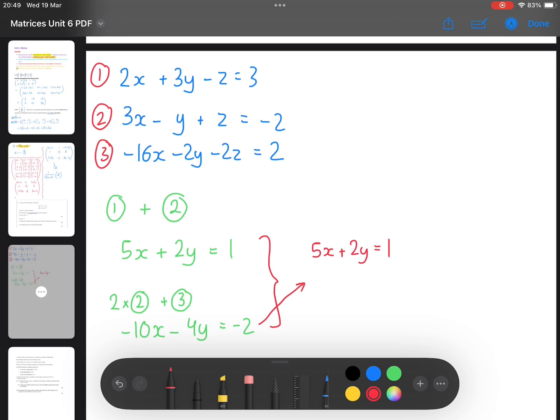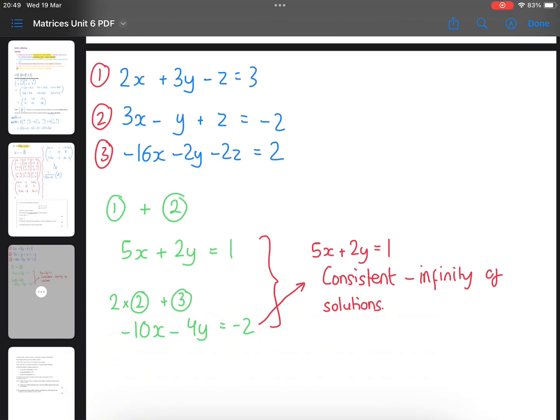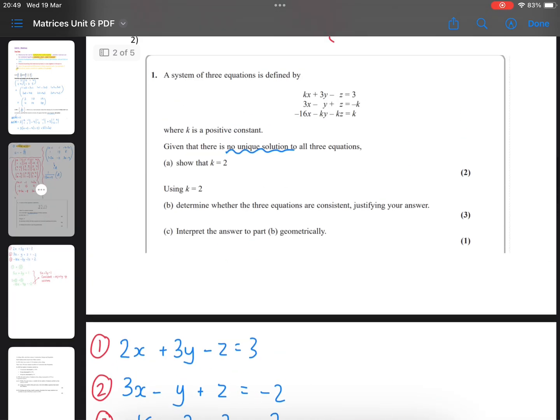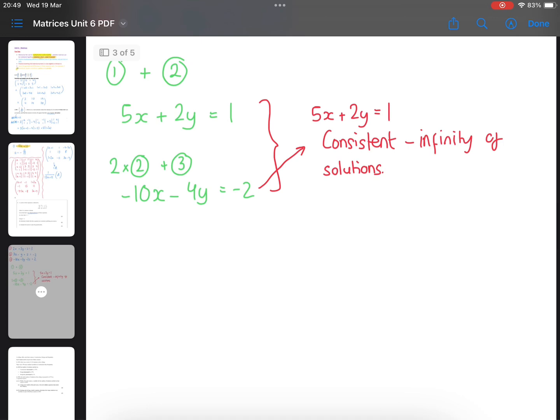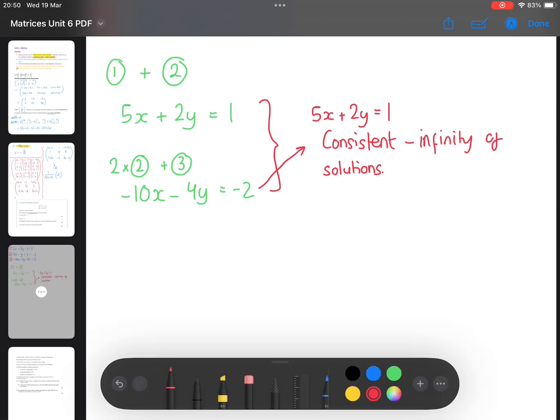So since those 2 equations are the same, that tells us that the initial 3 equations are consistent, which means that there's an infinity of solutions in this case. It would also be consistent if there was only one solution, but since the matrix is singular, then that being consistent means there's an infinity of solutions.